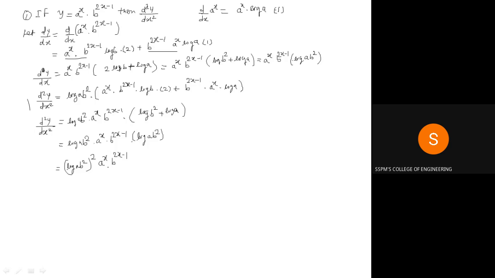So in this kind of question, the correct option will be there in the equation where y is a raised to x into b raised to 2x minus 1, and we need to find its second derivative, and this is the correct option. Now see the next question.